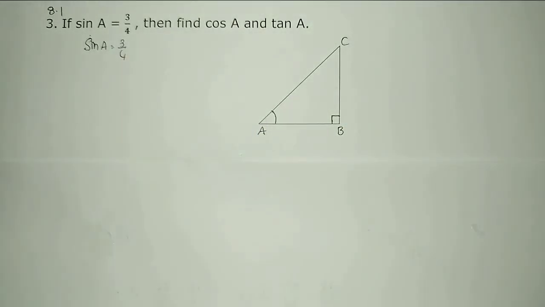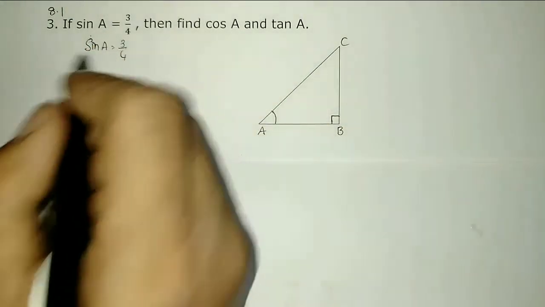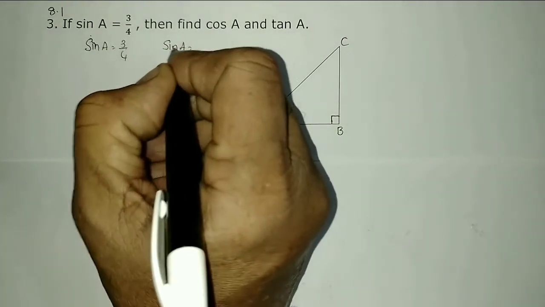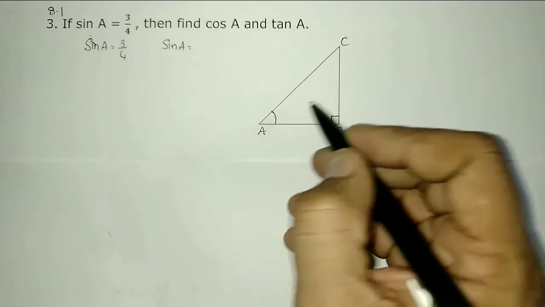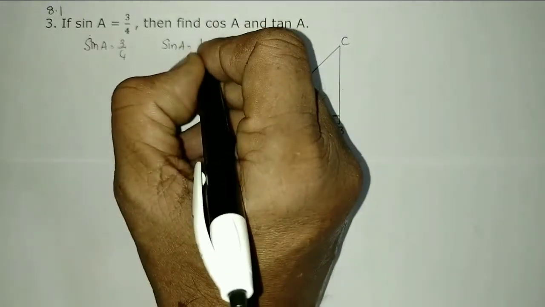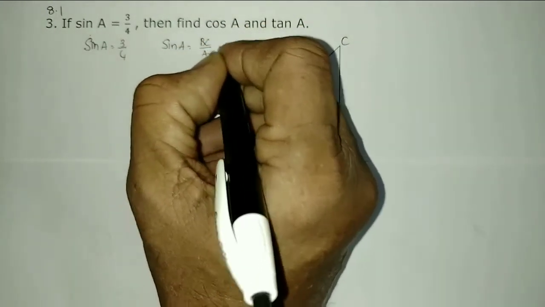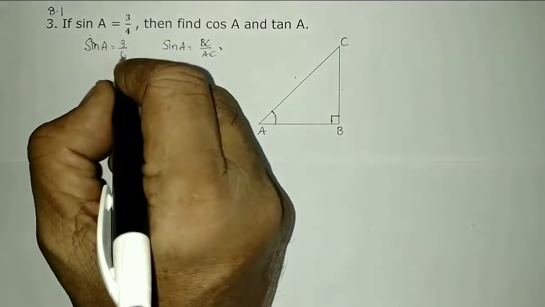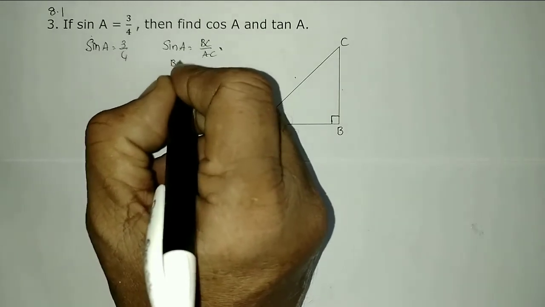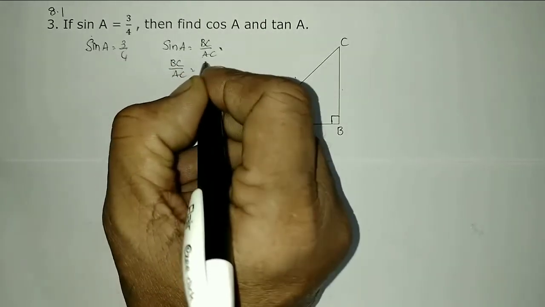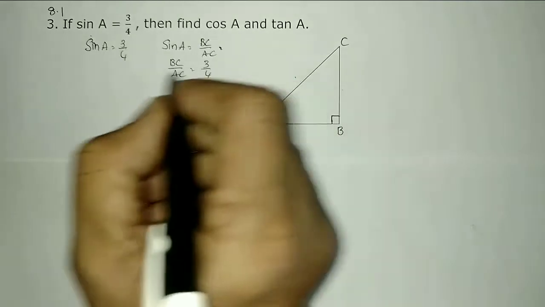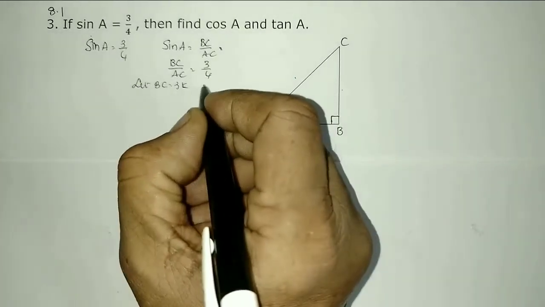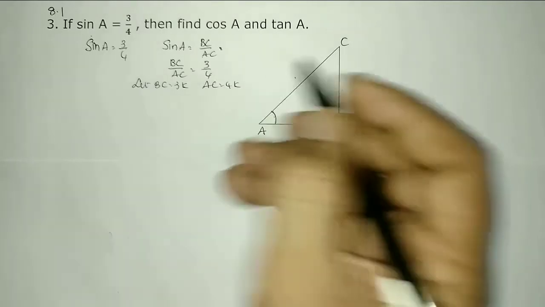Sin A according to problem, sin A equal to 3 by 4, but from the diagram, sin A equal to side opposite to angle A by hypotenuse, that is BC by AC. But sin A equal to 3 by 4 given, therefore BC by AC equal to 3 by 4. Let BC equal to 3K, AC equal to 4K.